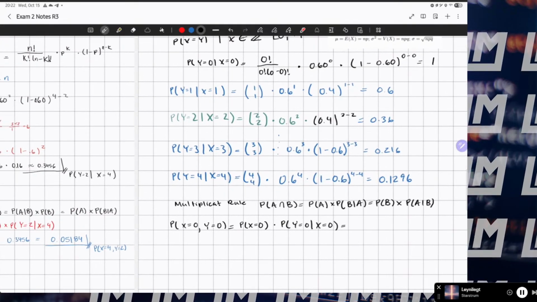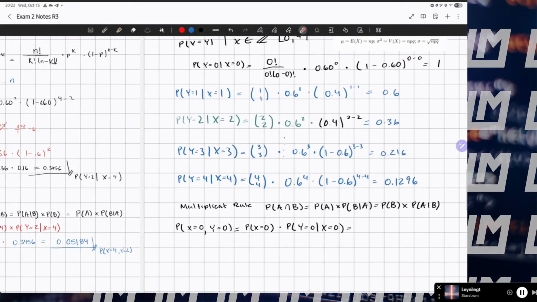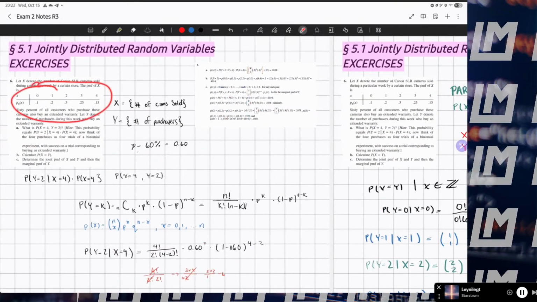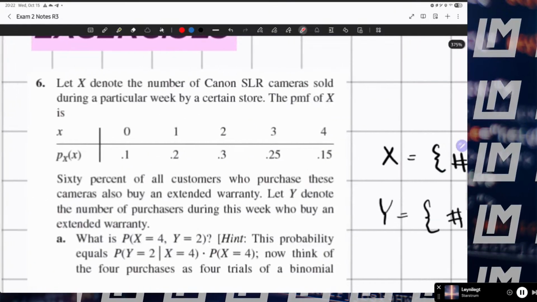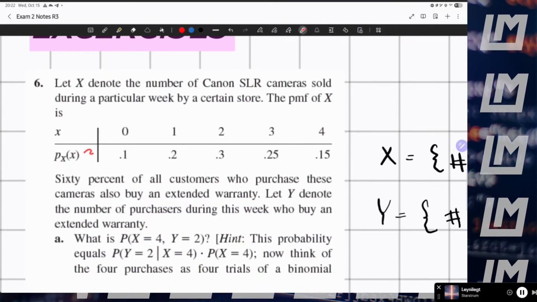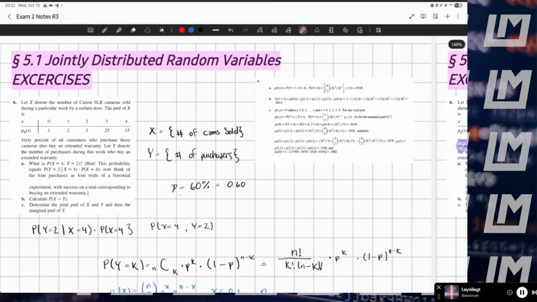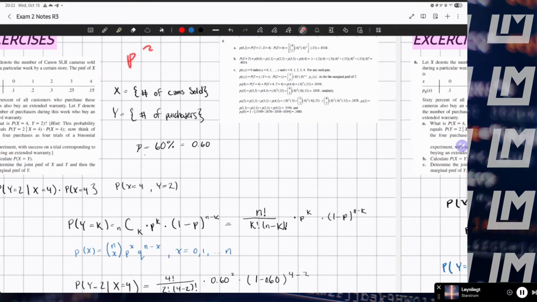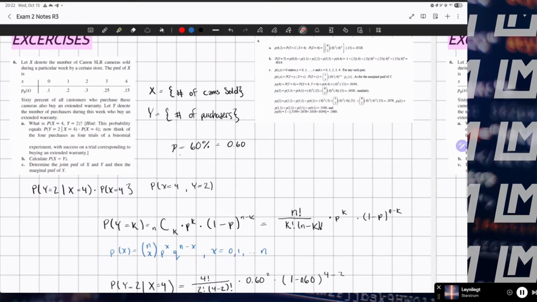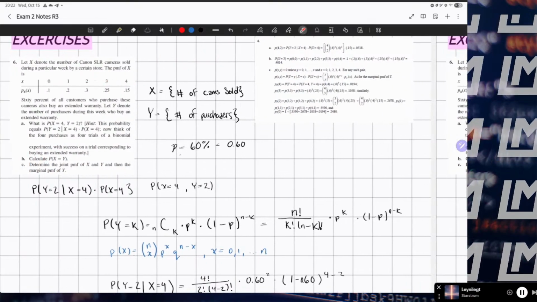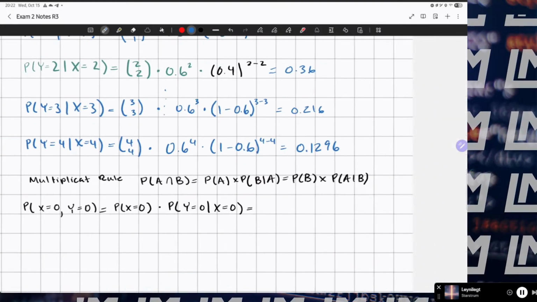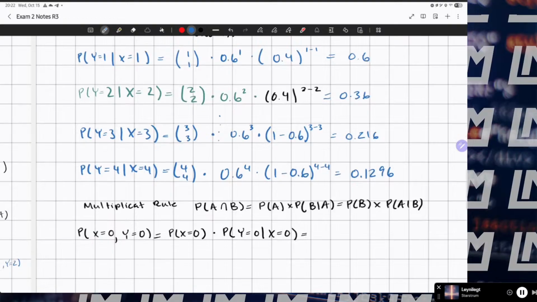Right? So we know what all the probabilities for X are, right? And this is that little formula that we have in our notes. The P of X given the value of X. So given that value 0, 1, 2, 3, and 4, that's what we're given. So we get the values right here.